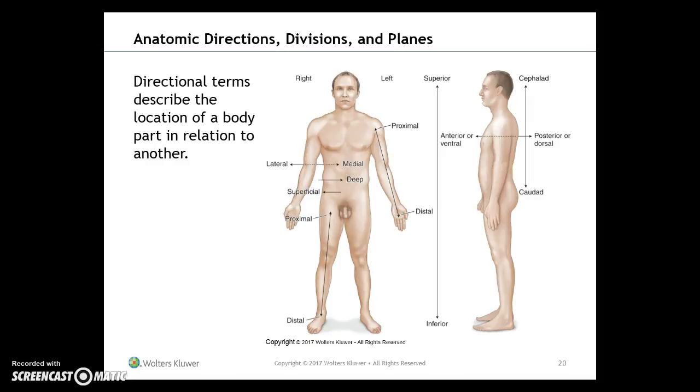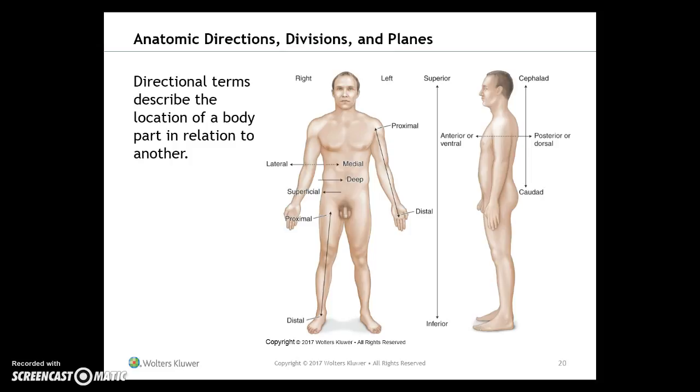This diagram shows us directional terms that describe the location of body parts in relationship to one another. So we can see the right and the left, the proximal and the distal, the lateral and the medial, the deep and the superficial, the proximal and the distal on both the arm and the leg.